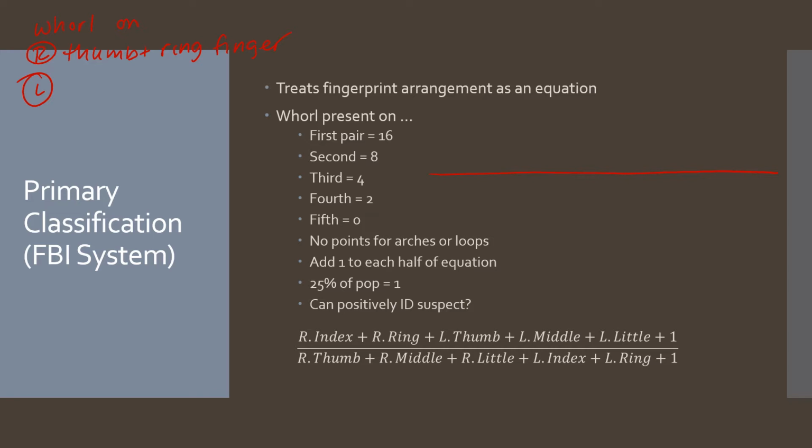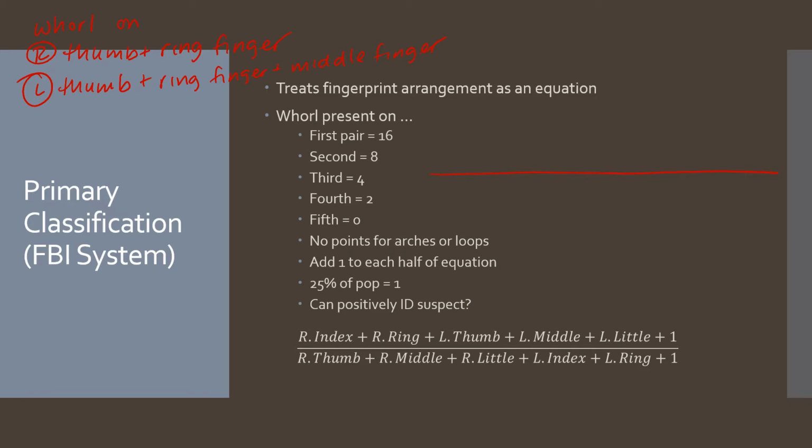Spoiler alert, a lot of people are not. You have one on your left thumb. Theoretically, you should be, but that's not always the case. And your ring finger. And let's just go with your middle finger. Let's figure out what this person's primary classification number would be.